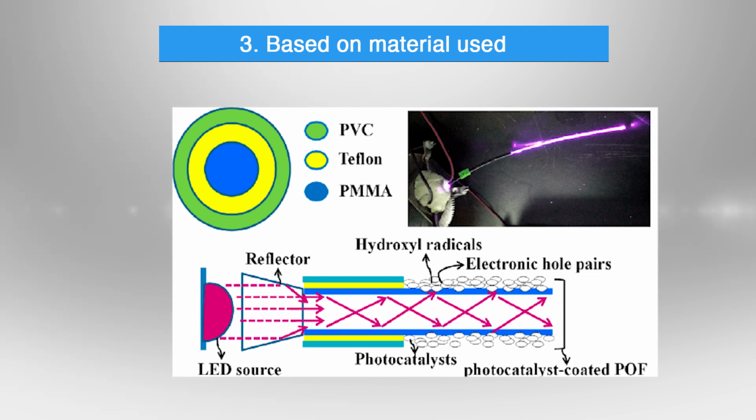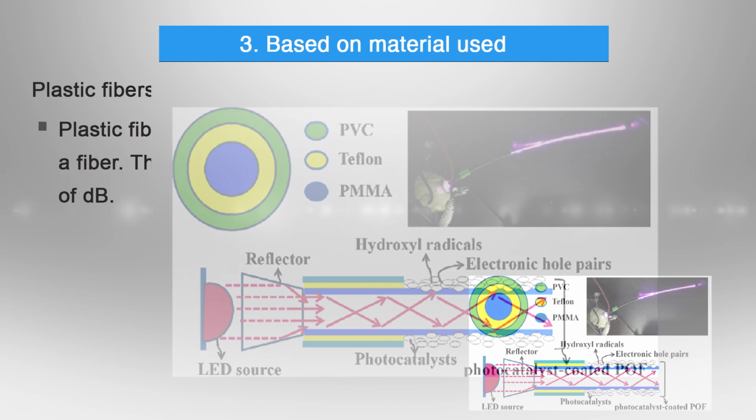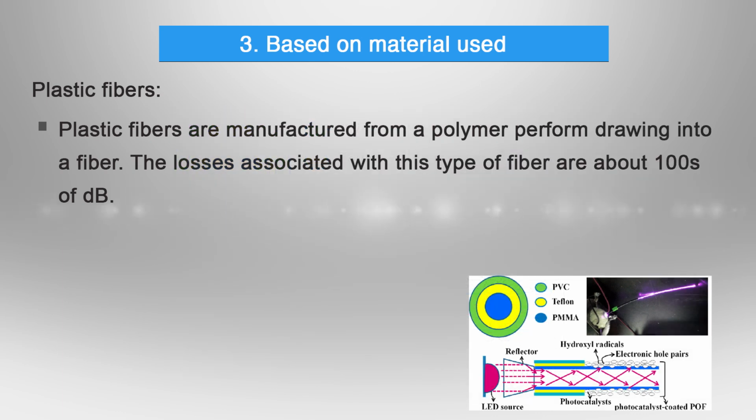Based on the material used for fabrication, they are again classified into two types. First is glass fiber and second is plastic fiber. Plastic fibers are manufactured from a polymer preform drawn into a fiber.